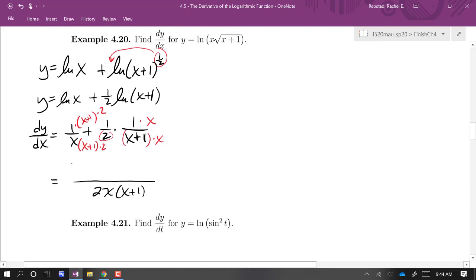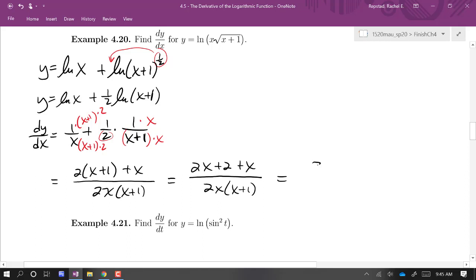Up top, I've got 2 times x plus 1 plus x, which is 2x plus 2 plus x. And this is 3x plus 2 over 2x times x plus 1. There's our derivative.